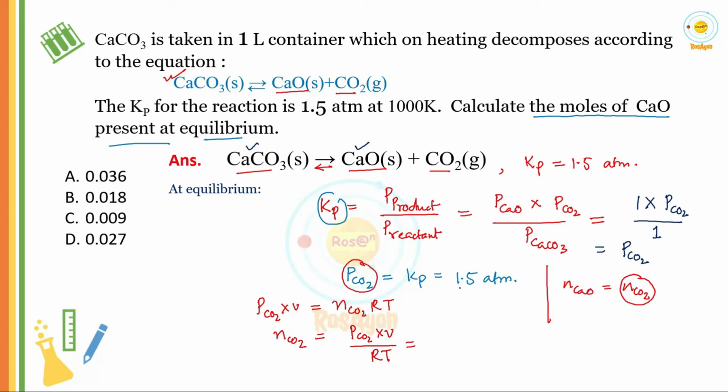P of CO2 is 1.5, into V, which is a 1 liter container, that means V is 1, divided by R, which is 0.082, into temperature 1000 Kelvin. Now if you calculate it, you get 0.018. So the number of moles of CO2 is 0.018.